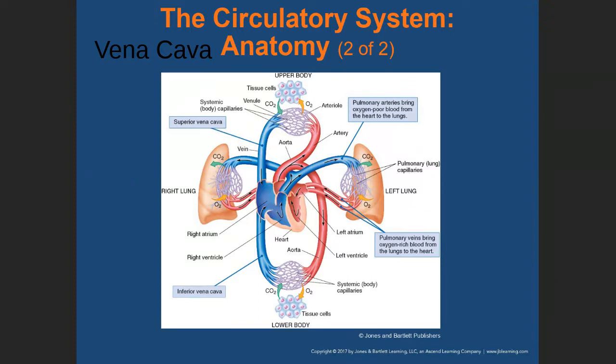The inferior vena cava supplies the lower portion of the body with blood. The superior vena cava supplies the upper portion of the body with blood.